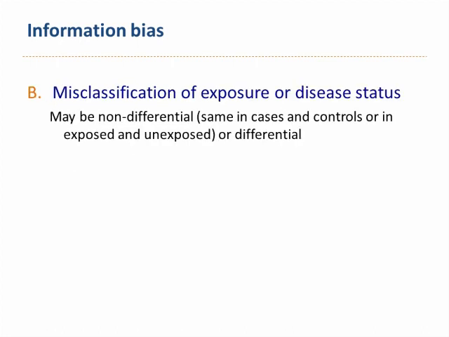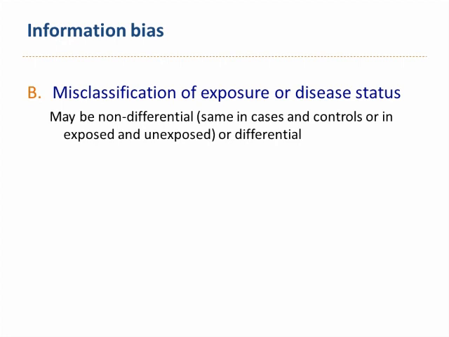A related form of information bias is the misclassification of exposure or disease status. Such misclassification may be non-differential, meaning that the misclassification is the same for cases and controls, or in exposed and non-exposed, or differential, meaning that the misclassification, for example, of exposure differs based on whether an individual is diseased or non-diseased, or similarly, the misclassification of disease is different for those exposed or not exposed.